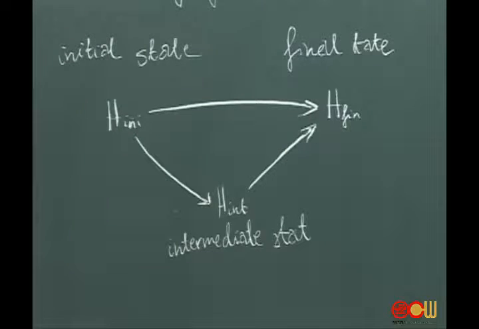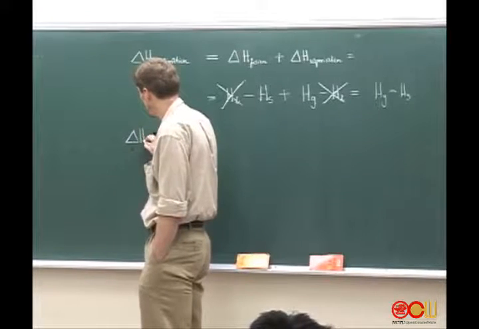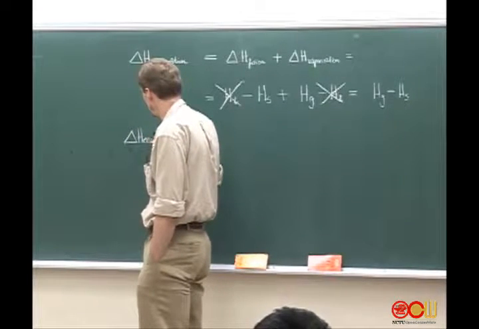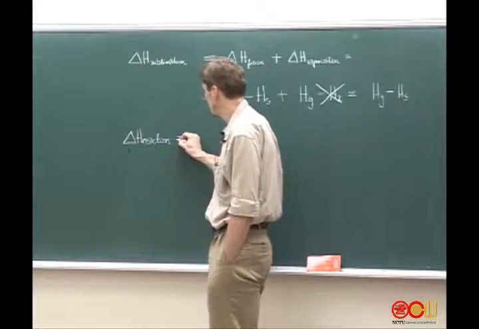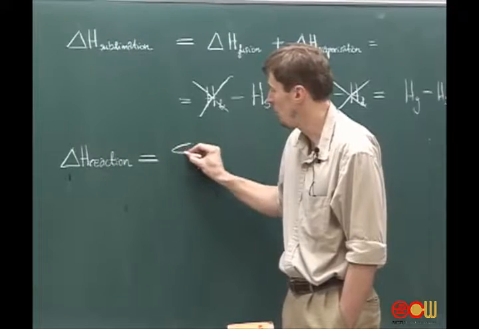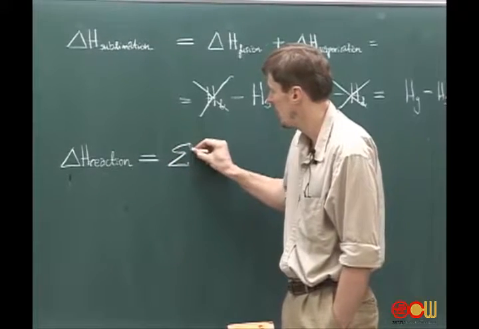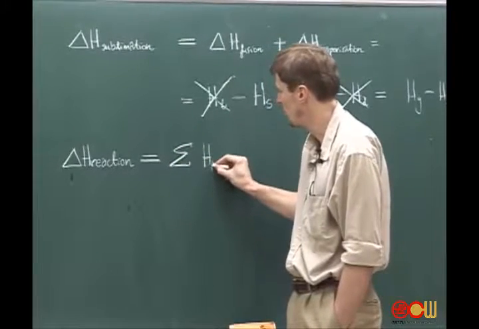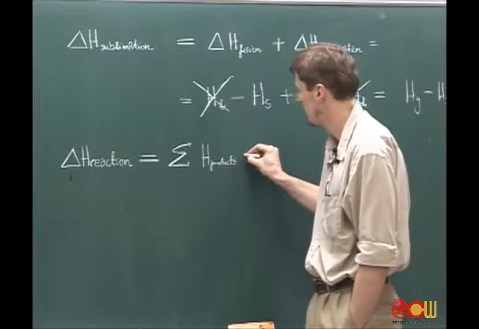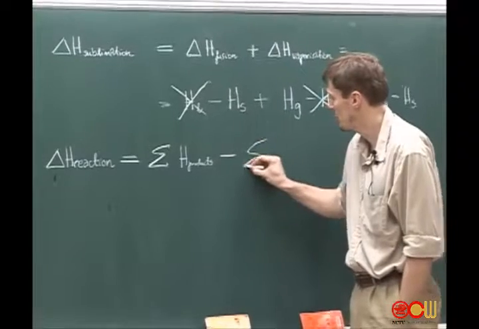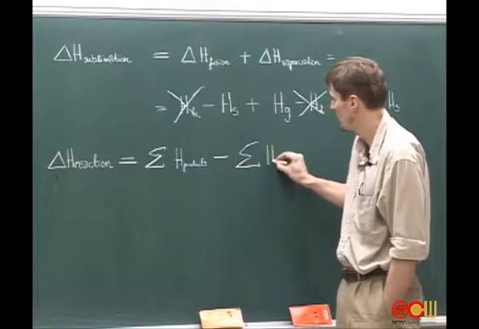The final results doesn't depend on the path. So, important thing is that when you have the change of enthalpy in a reaction, this is equal to all possible enthalpies of products minus all possible enthalpies of reactants.